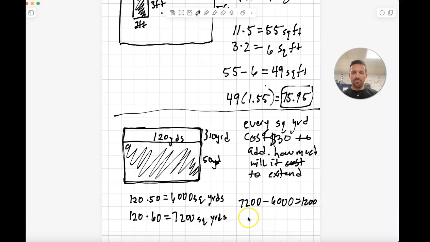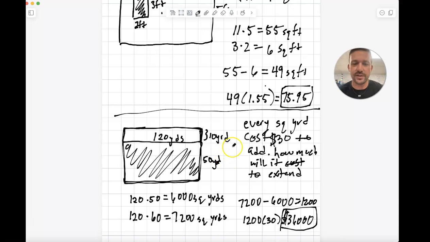At $30 a square yard, you do 1,200 times 30, and it's going to cost us $36,000 to add those 10 yards for that whole 120-yard football field.